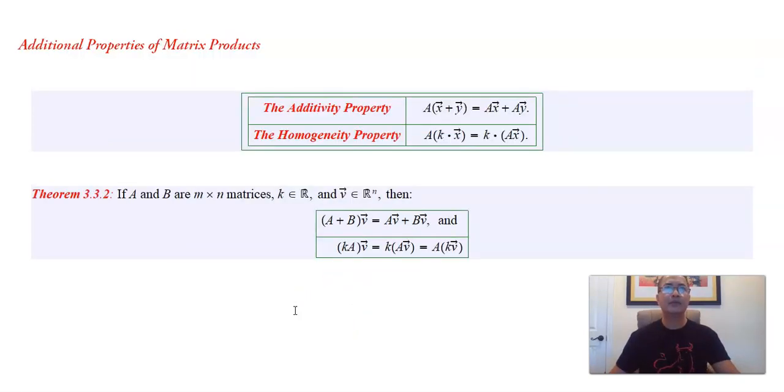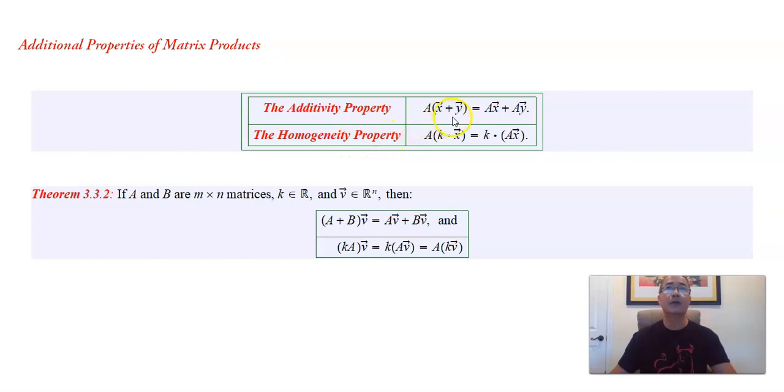All right, so back in chapter 2, when we first introduced the concept of a matrix product, we said that there were two properties for the matrix product that are similar to what we have for just vector arithmetic. Okay, we have the additivity property and we have the homogeneity property.